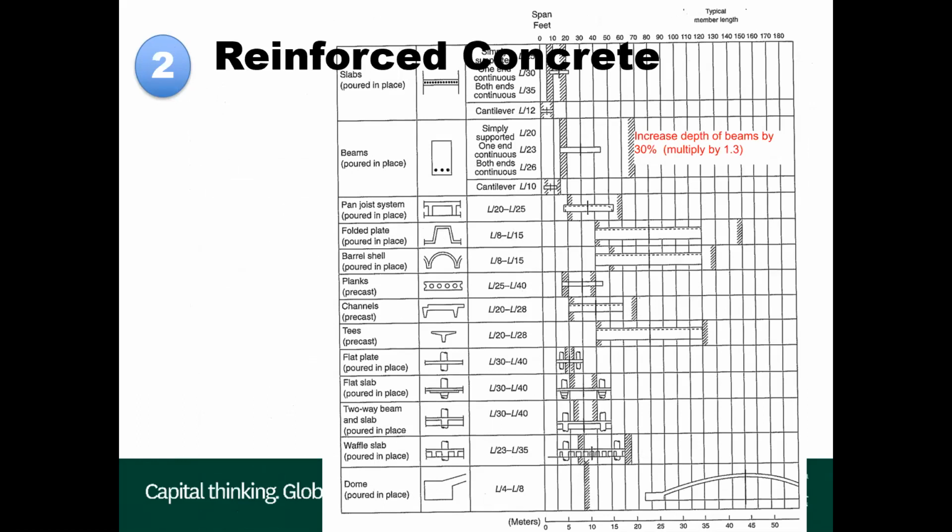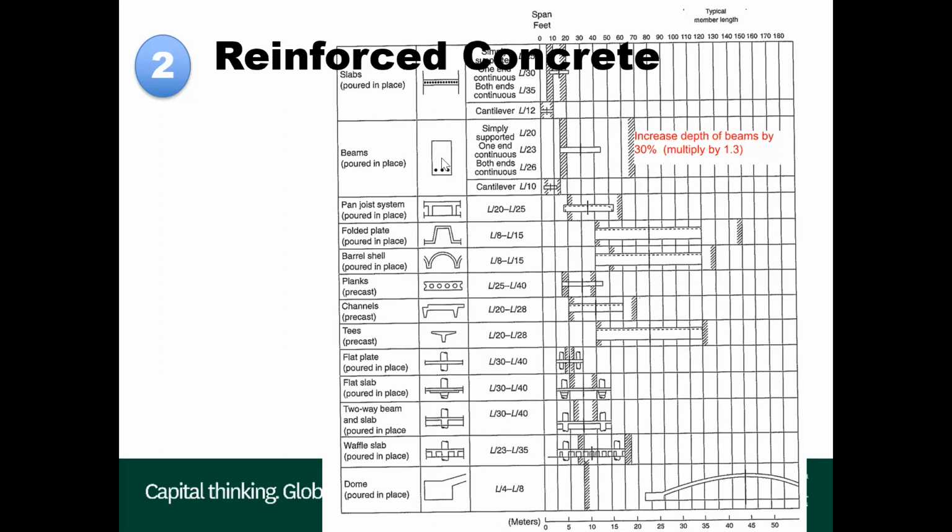We have a similar table that architects use to size reinforced concrete members for gravity loads. And so if you've got a concrete beam, which is poured in place, I'm just trying to get my mouse going. It's hard to see.